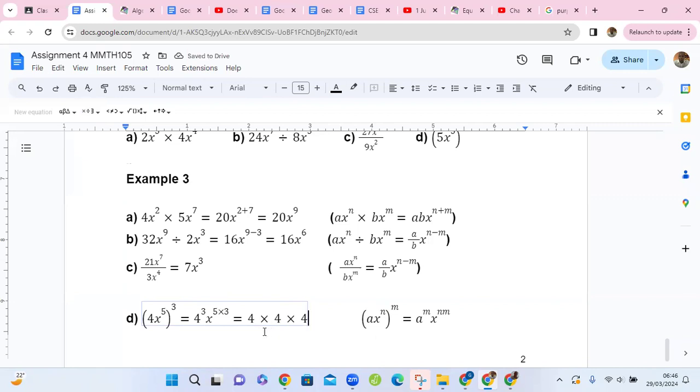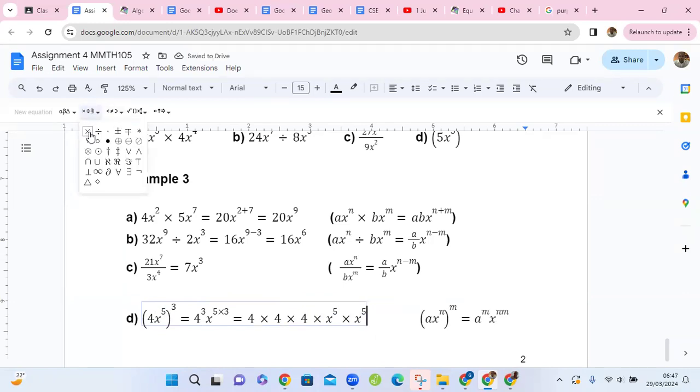Okay. x to the 5 raised to the 3 is x to the 5 times x to the 5 times x to the 5.